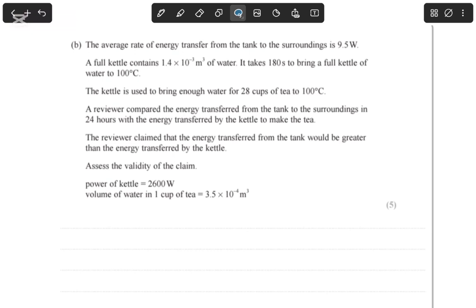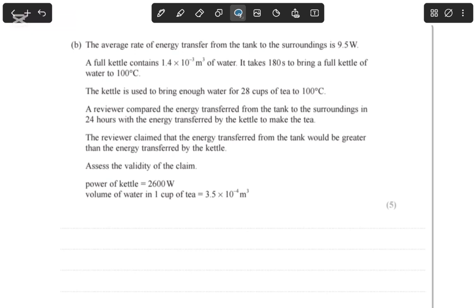A reviewer compared the energy transferred from the tank to the surroundings in 24 hours with the energy transferred by the kettle to make the tea. The reviewer claimed that the energy transferred from the tank would be greater than the energy transferred by the kettle. Assess the validity of the claim.